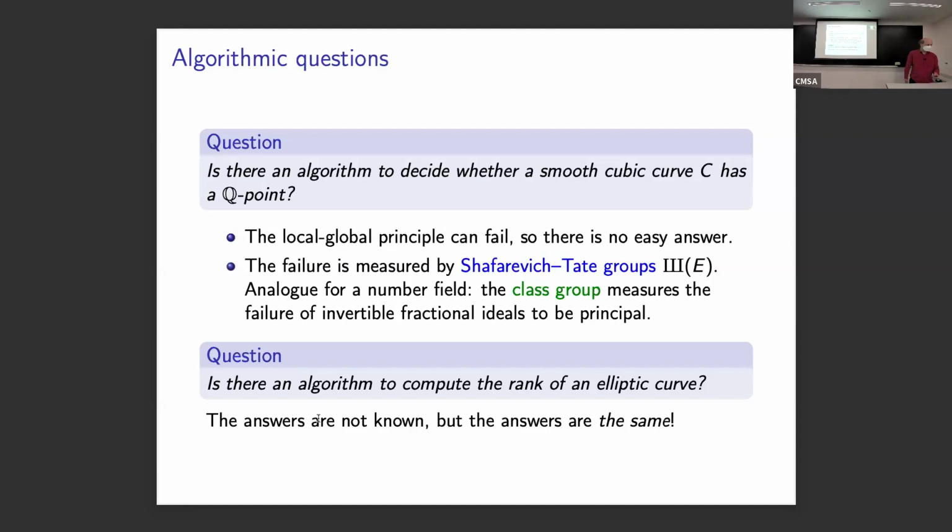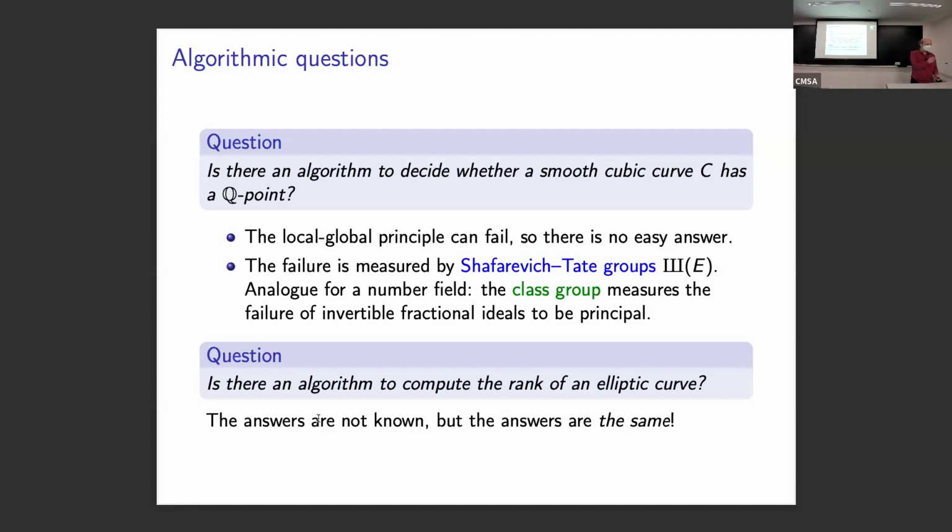There's actually a group that measures this failure of the local-global principle that's called the Shafarevich-Tate group, or possibly the Tate-Shafarevich group. It depends. The ordering of the names depends on whether you write the names in English or using the Cyrillic alphabet.